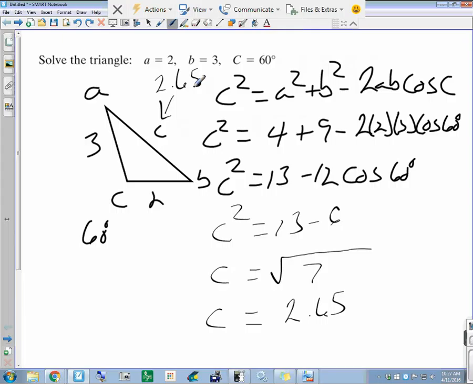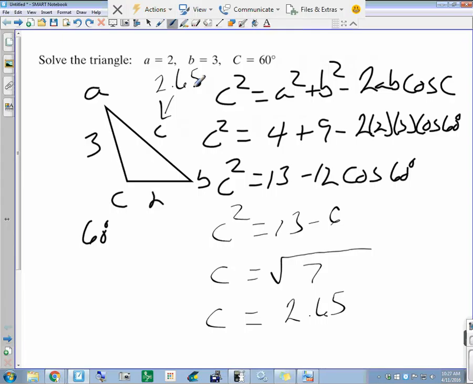No. Why? You can't have a negative side. Distance can't be negative, so we're going to leave it at that. Now, depending upon what you need, you can leave it at square root 7 so that you have an exact answer. If you're working with it, you actually need the value 2.65. It makes a little more sense to be worked with, okay?